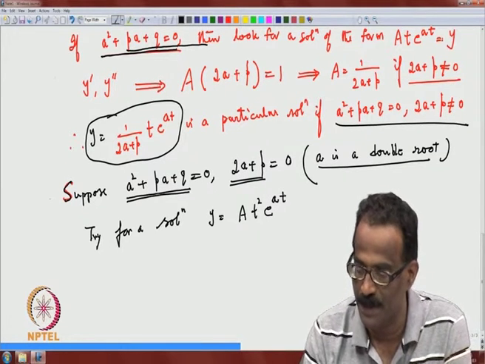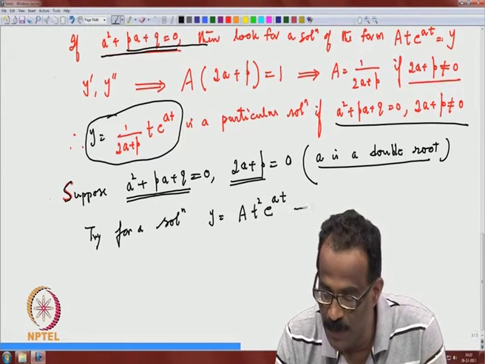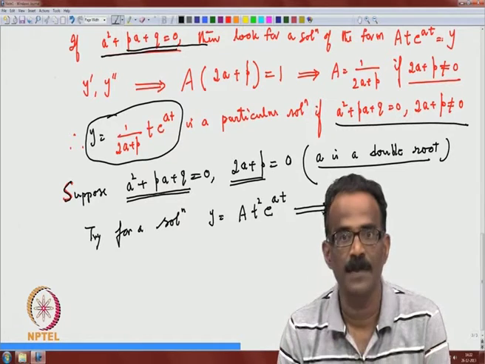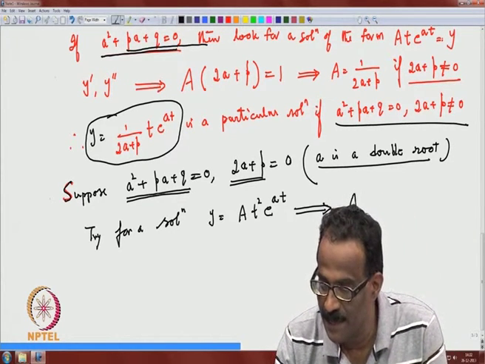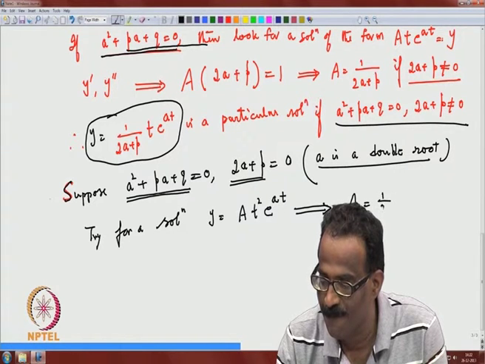All this will be independent, and then you can do the computation again, a simple computation, and you can see that A is nothing but half.